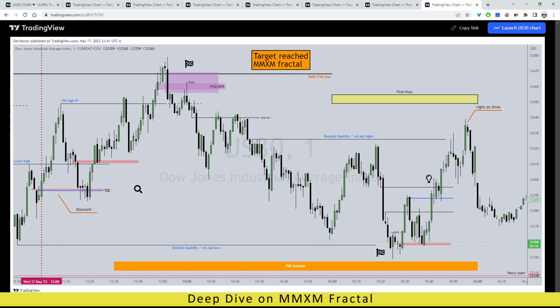You could look back, see that there is a mitigation block, mitigate the order, and then run for the nearest buy side liquidity relative equal highs, and price finishes its macro right on time, 3:55 candle, 4 o'clock candle, and then hey, we're done for the day.